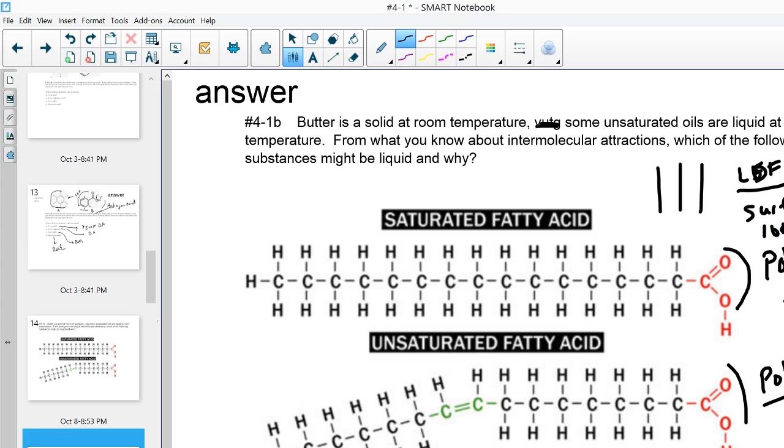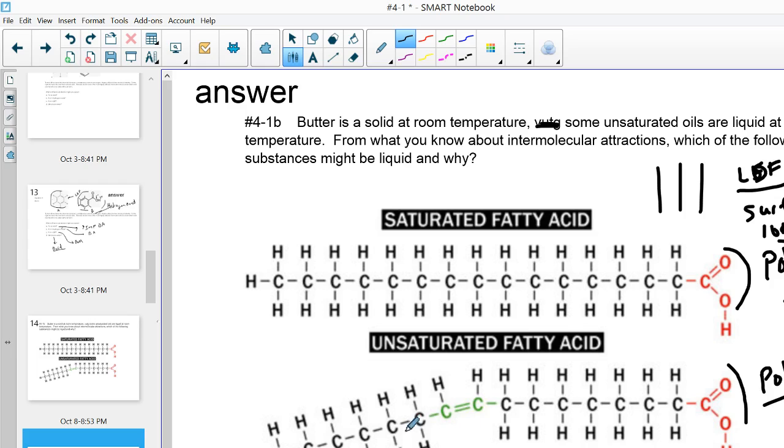So we're looking for something that can form long chains, and the reason the long chains work so well is because one chain can lie right next to another chain and have essentially a very weak attraction between them. But if you have lots of surface area, it's like Velcro. One little hook and loop is not very good.